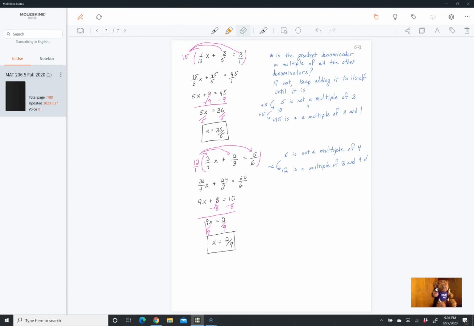Our next step is a slightly different type of equation called absolute value, okay? So we're going to do an absolute value equation. But in order to do that, we're going to have to talk about what absolute value means.